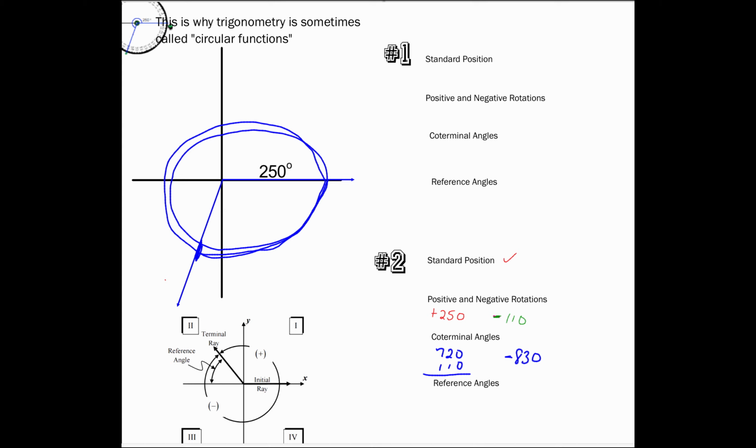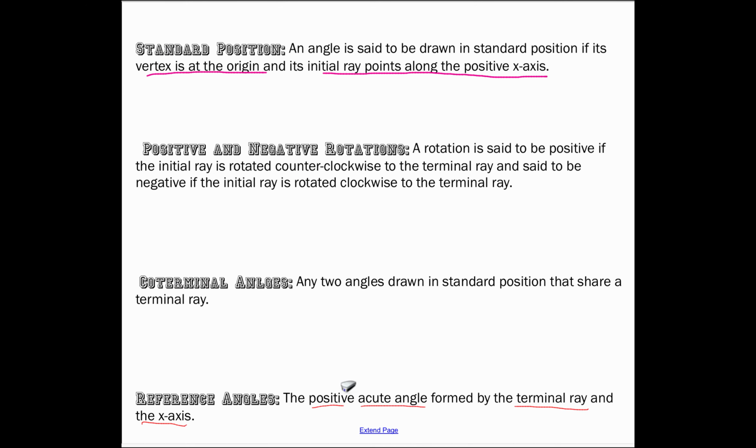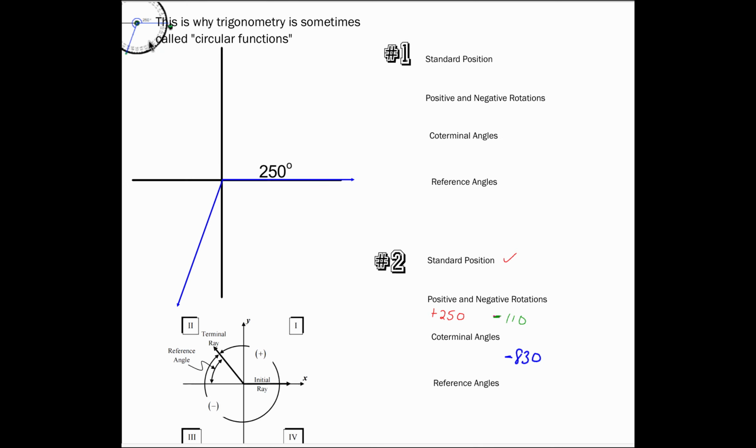Now, here's the reference angle part. That's the part that tends to mess people up when we get outside of the first quadrant. So remember, our reference angle is the positive acute angle formed by the terminal ray and the x-axis. Here is my terminal ray.